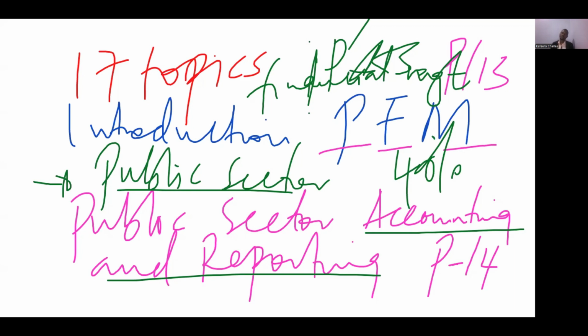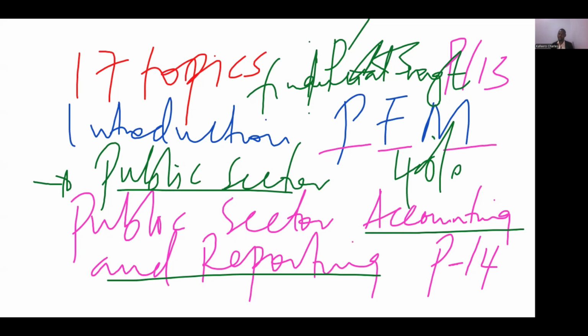The other one, we looked at financial management from the point of private sectors, where we had shareholders and owners, limited companies and public limited companies. But here we want to look at the public sector, the government.